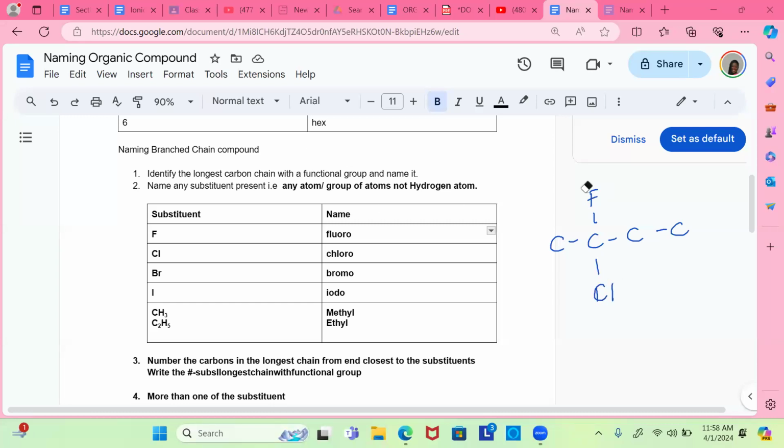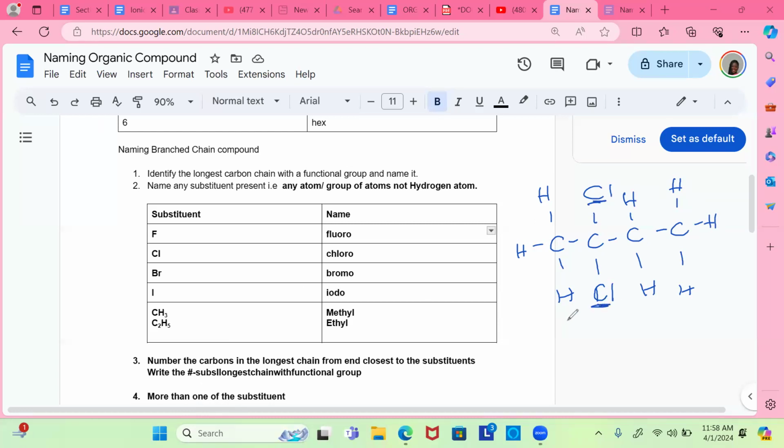Let me change the substituents because I used F already. Clear? All right, so here I can see that I have more than one substituent.